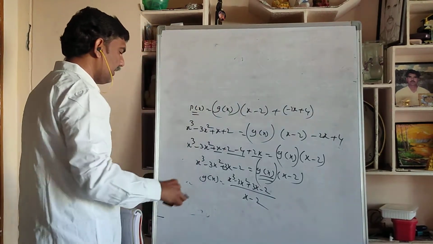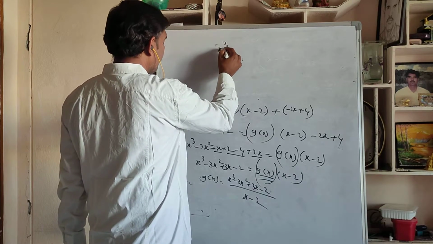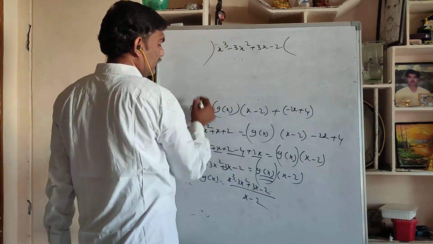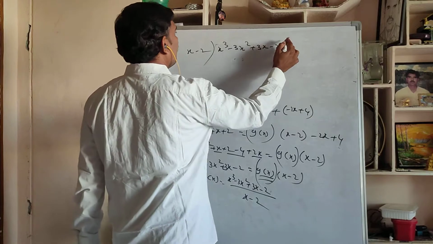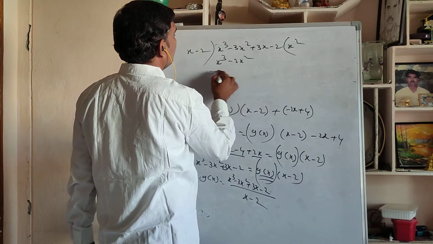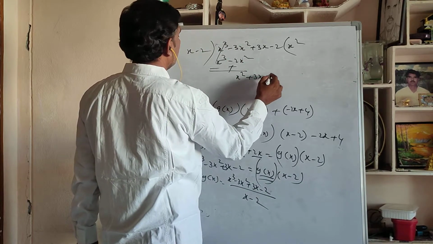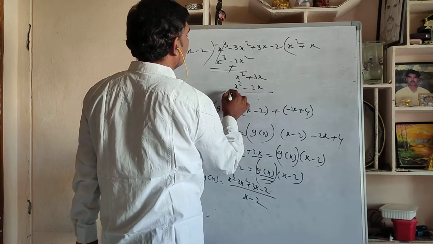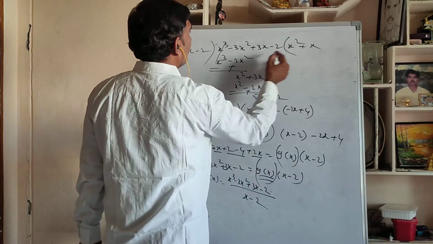The numerator is the dividend, x cube minus 3x square plus 3x minus 2, and the divisor is x minus 2. X, how many times will go? x square times. x cube minus 2x square, then x square plus 3x. x times will go, x square minus 2x. So you are getting 5x minus 2.